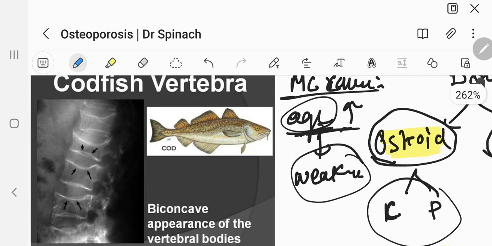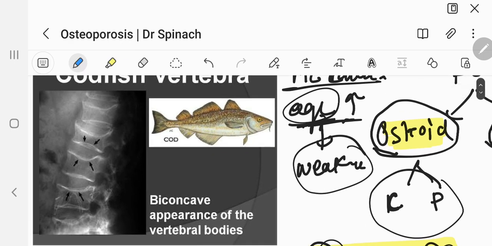Now if you see here, what happens is because of compression, because you don't have enough minerals, the vertebra compresses into a biconcave shape, and this biconcave shape looks as if it's a codfish.